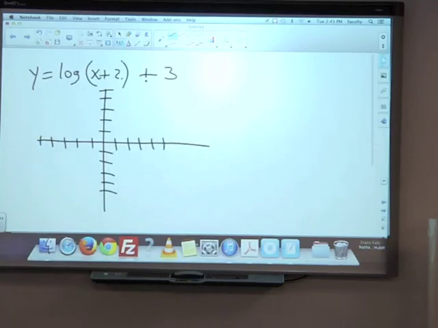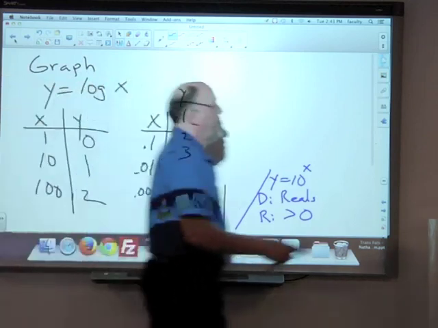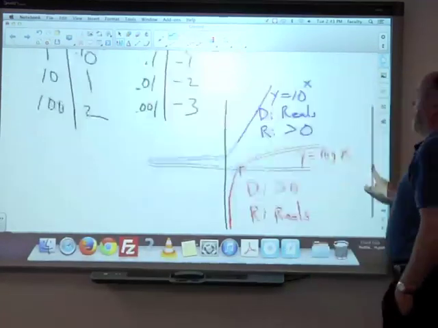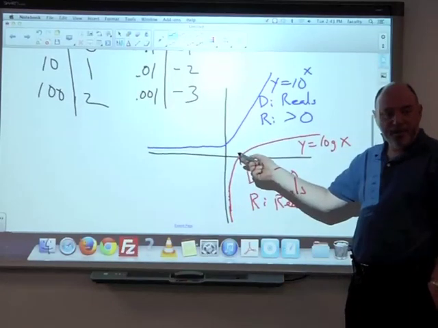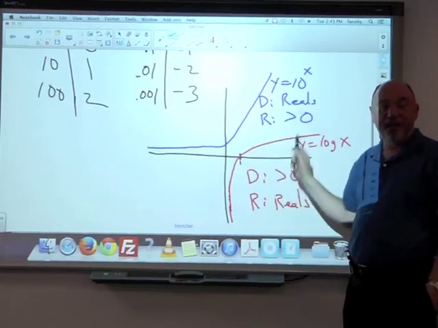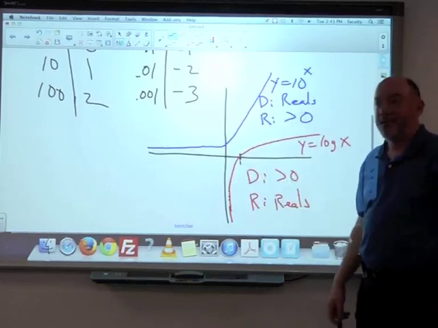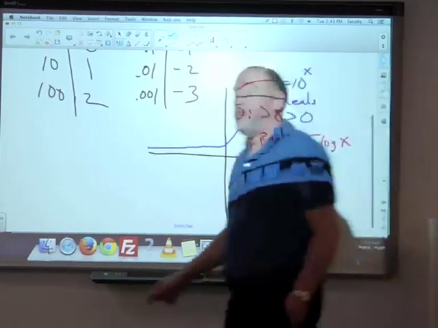Again, I'm only worried about one point. This time, the point I'm worried about is the one right here. I'm going to figure out where that point is and then draw in my basic shape.